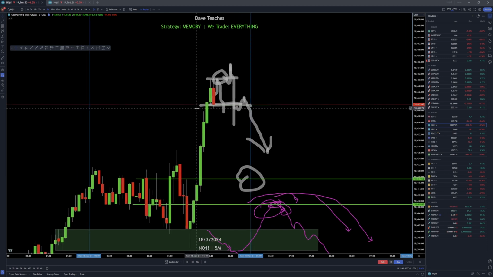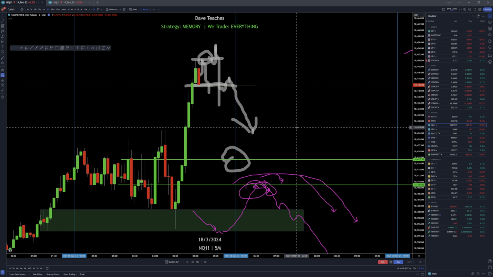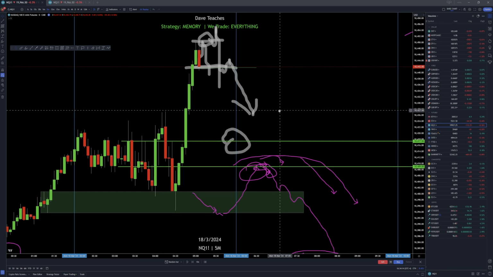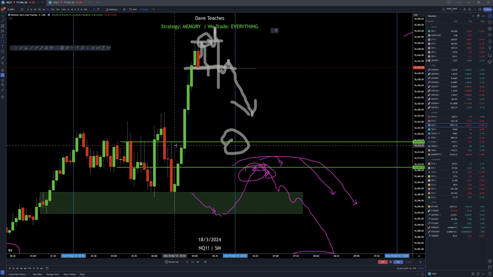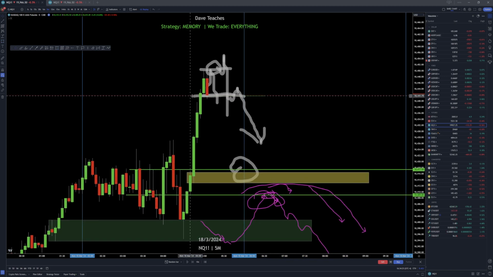So what are you guys thinking here? I'm thinking we get back to this fractal here, but I'm waiting for a little more data.